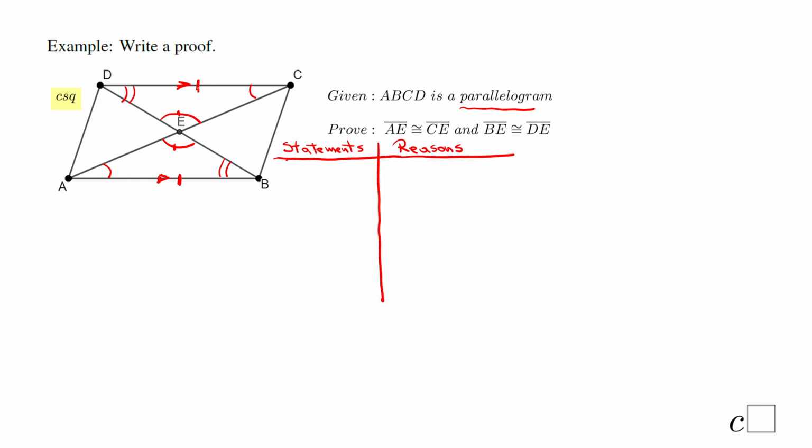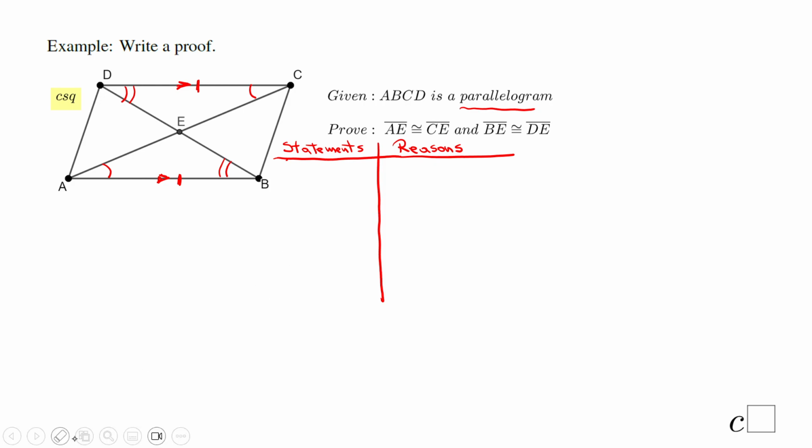Remember, this is a property of a parallelogram. So now we have at least one way to prove this, which will be angle side angle if I ignore these two angles. But of course we can use also angle angle side if you want. So now let's write this proof.